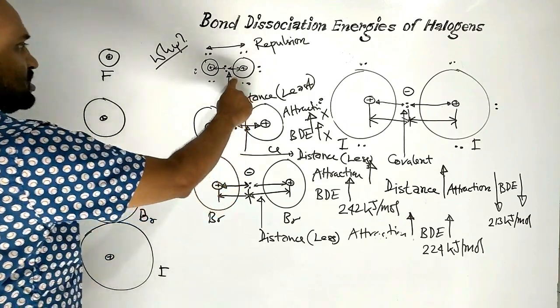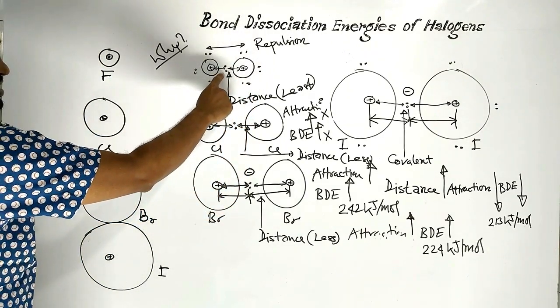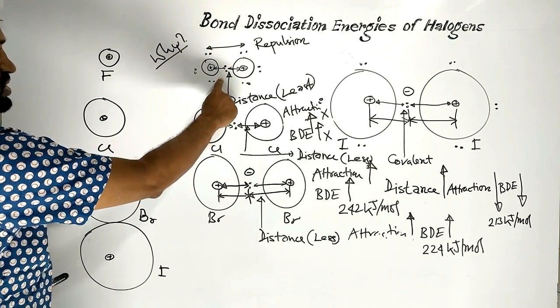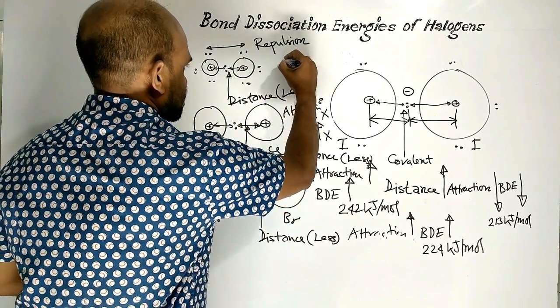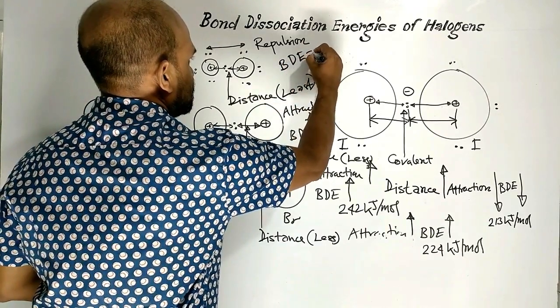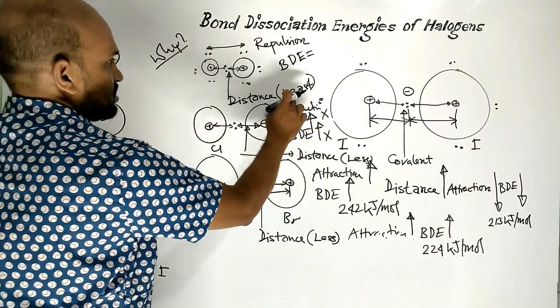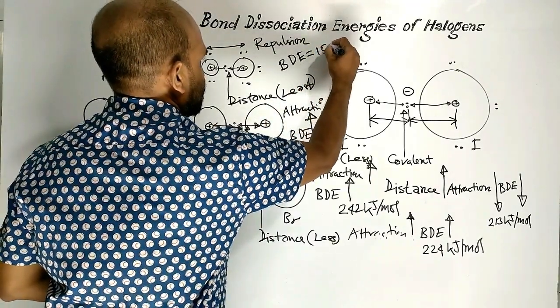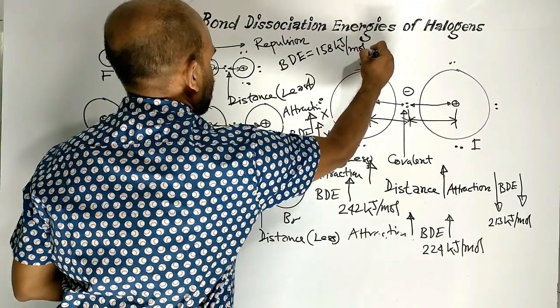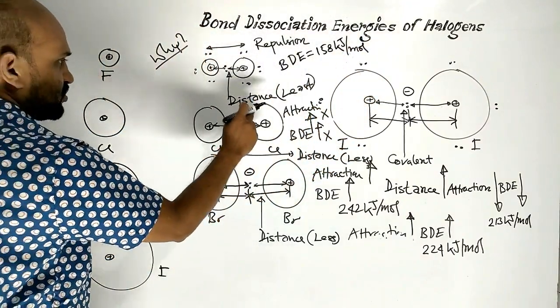That is why ultimately breaking this bond, the fluorine-fluorine bond, becomes easier, and that is why in this case bond dissociation energy is the least, that is 158 kilojoule per mole.